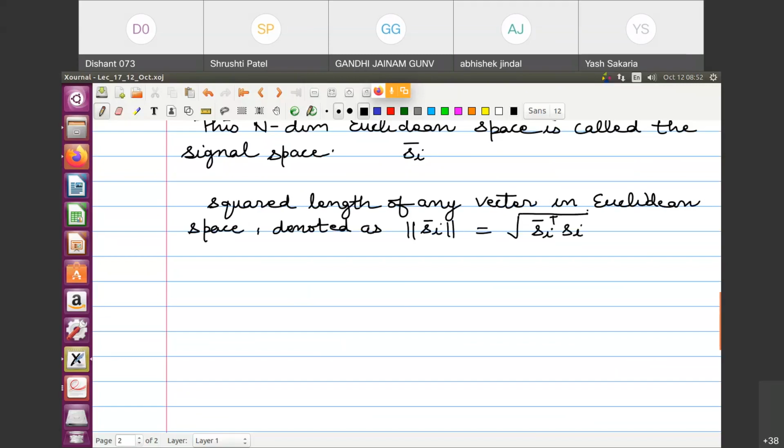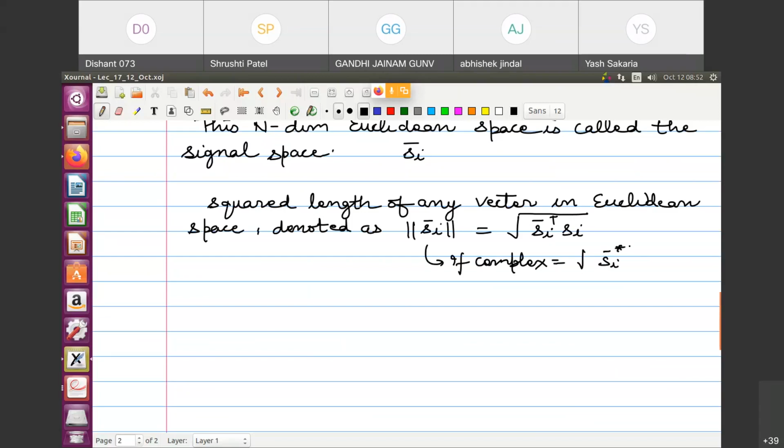Now this transpose, again, we have assumed Si contains all real numbers. If at all it doesn't contain real numbers, if it is complex, then this is equal to the square root of Si Hermitian Si.